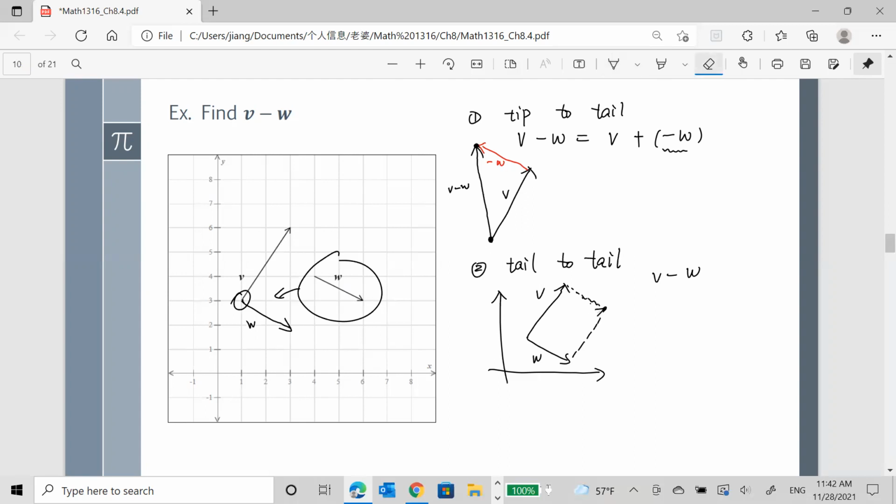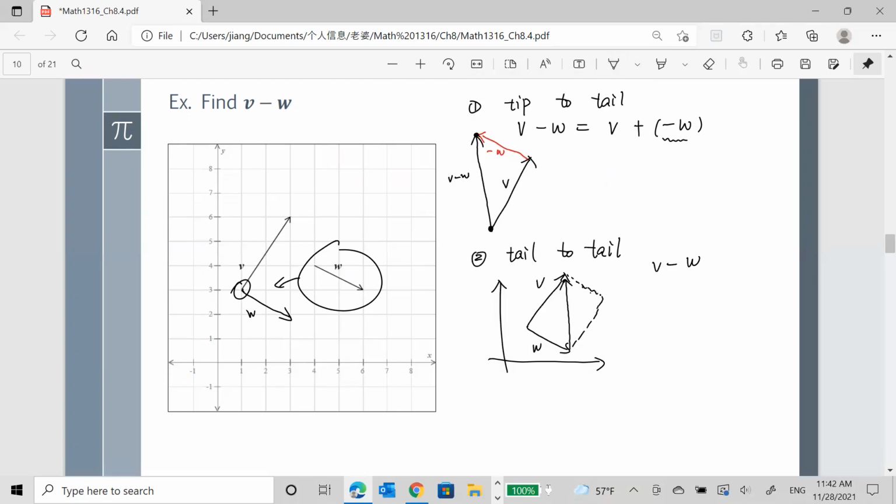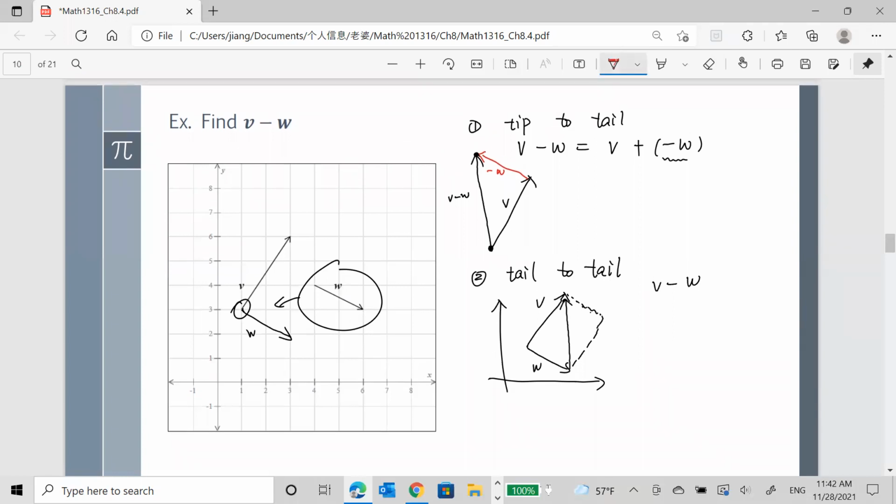For V minus W, we first also draw a parallelogram and then draw another diagonal starting from the tip of W and ending at the tip of V. So let me use a red color. So this one is V minus W.